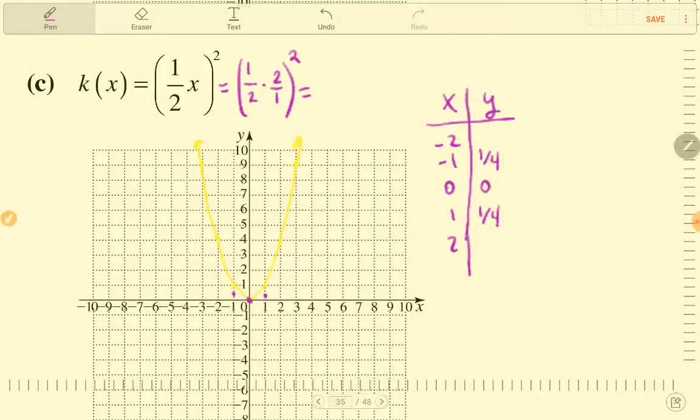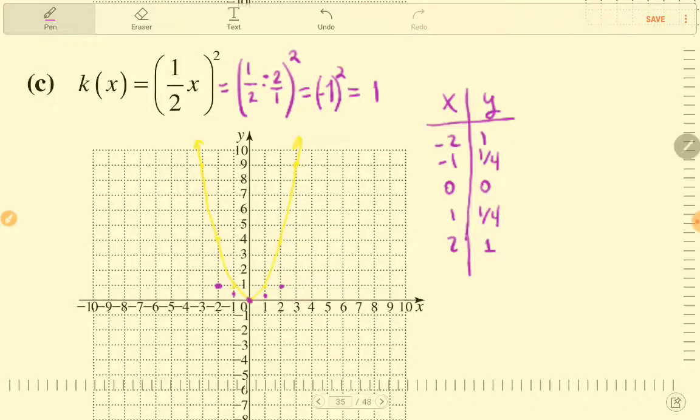So 1/2 of 2 is 1, and 1 squared is 1. Same thing's going to happen if I multiply times a -2. I'll have -1. -1 squared is going to become a +1. All right, so at 2, I'll have +1. At -2, I'll have +1.